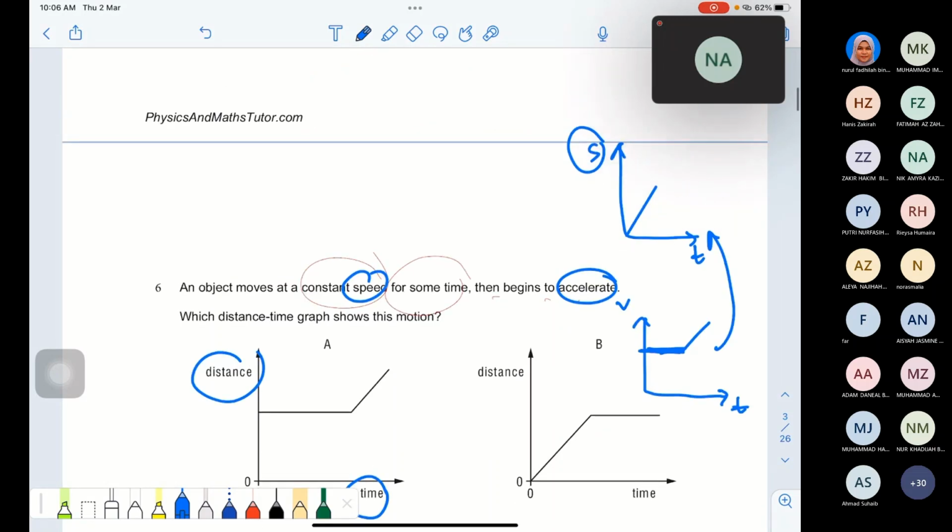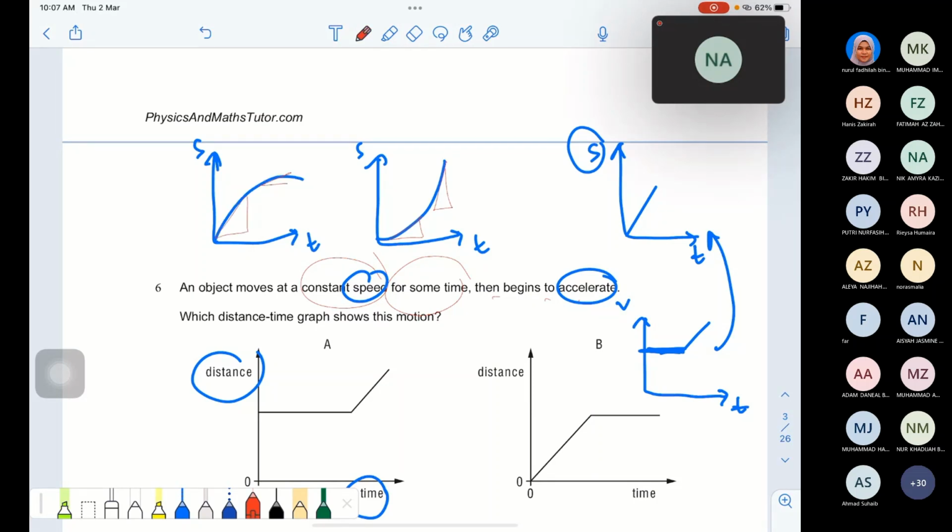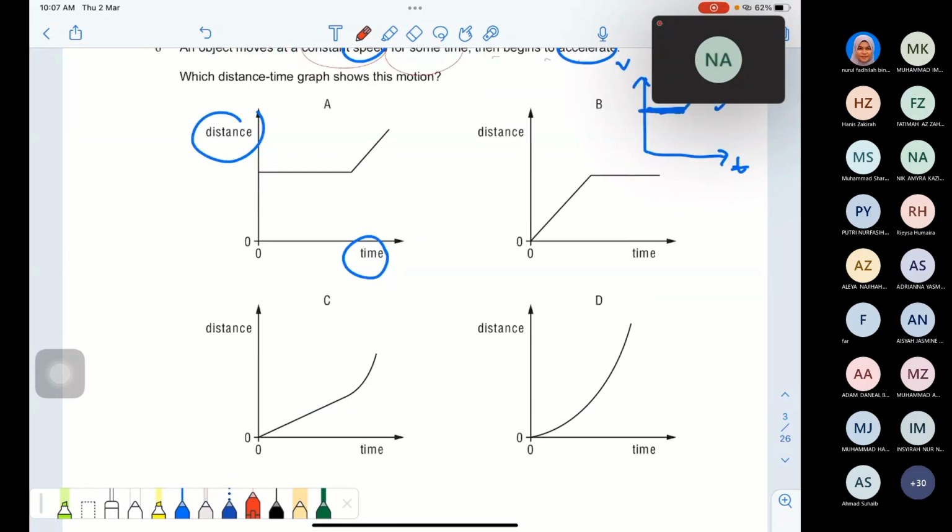Okay, bila kita ada graph S, kena tahu graph begini, gradient dia tinggi, rendah. Tapi kalau kita ada graph S against T macam ni, gradient dia semakin berkurang ke semakin bertambah? Number one, gradient semakin berkurang. Maksudnya velocity berkurang. Ini tinggi, rendah. Number two, velocity increases. Jadi jawapan kita number 6 ni adalah C.